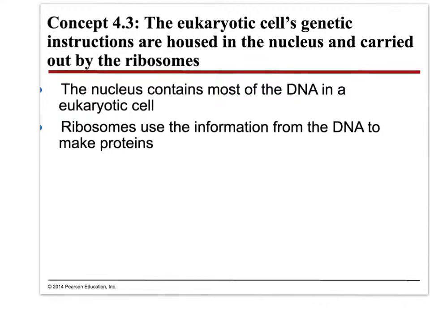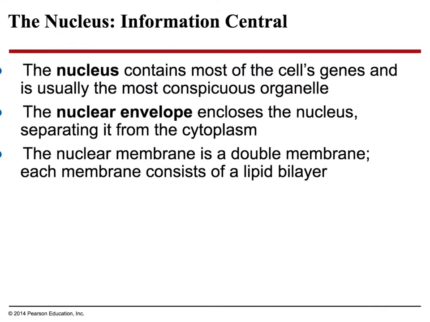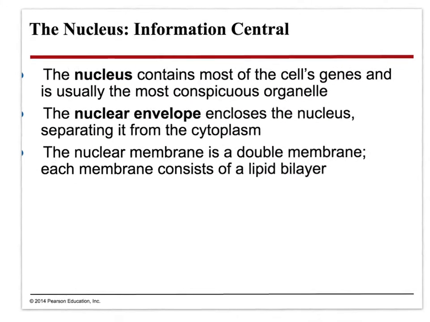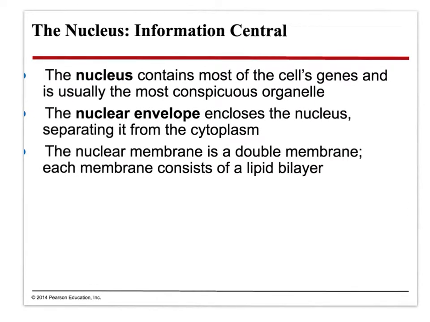All right? Ribosomes use the information from DNA to make protein. So we go through the nucleus, talk about the nuclear envelope. It encloses the nucleus, separating it from the cytoplasm. What is the benefit of housing DNA in the nucleus? Why do we separate it? Bacteria don't separate it, right?